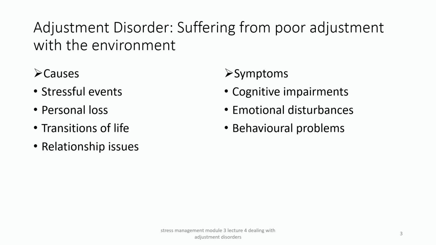First of all, as we know, the causes of adjustment disorders can arise in any domain of life, may it be personal, social, professional, or any other. Any stressful events that take place in our life, personal losses, major transitions in life like transfer to other places or switching roles in professional life, changing disciplines can be a major transition, or simply entering into married life can again be a major transition of life.